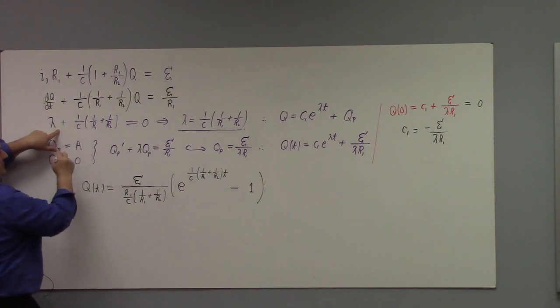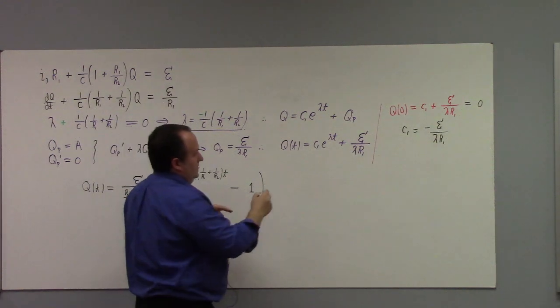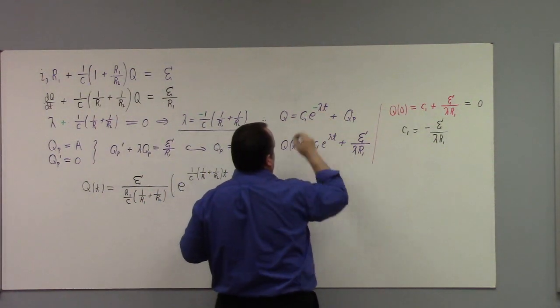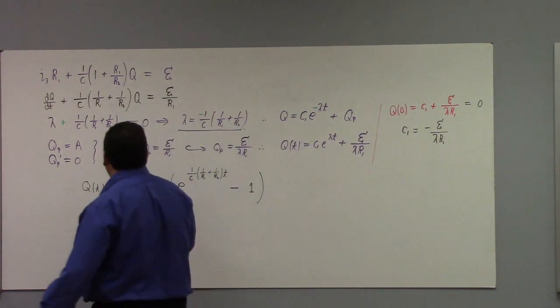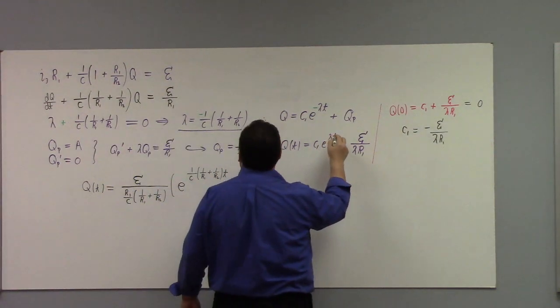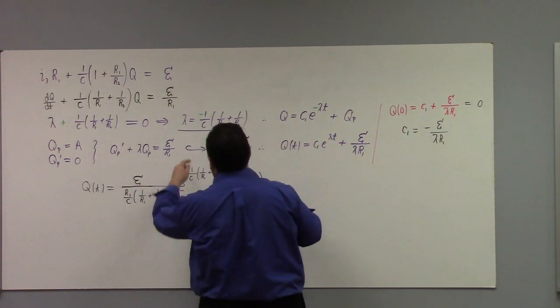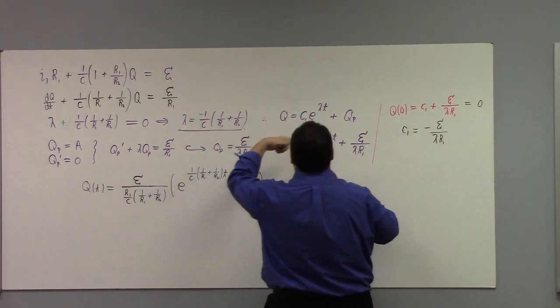That should be a plus, which means that there's supposed to be a minus right here. And there's a minus here. None of this changes, except that there's a minus. Well, I made my lambda minus, so that, excuse me, my bad. I put the minus in the lambda, so that's fine.